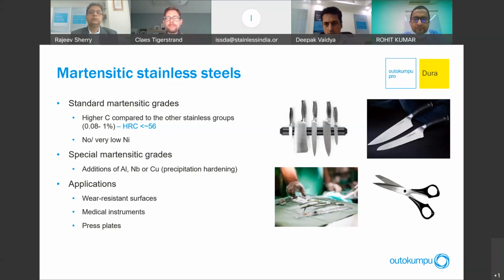So it's very important to have good hygiene, to not use the same tools as you are using for carbon steel when you're working with stainless steel, and to try to keep the surface clean. So the most important thing is to have clean surfaces, and then to have oxygen in the atmosphere to repassivate the oxide layer.